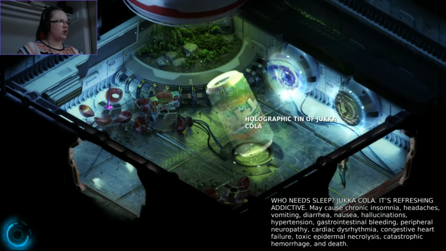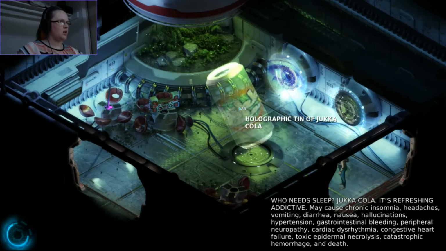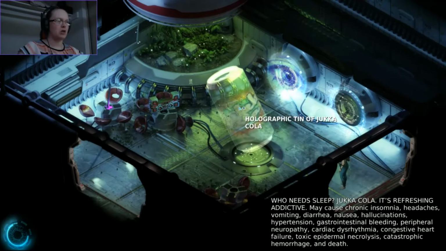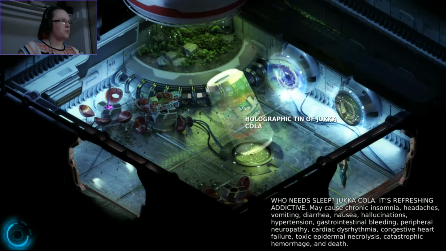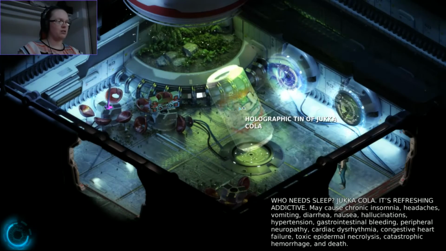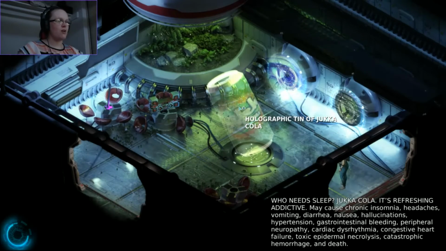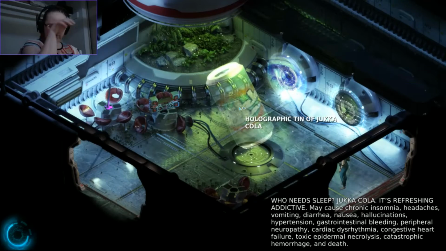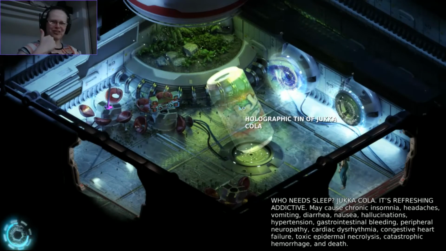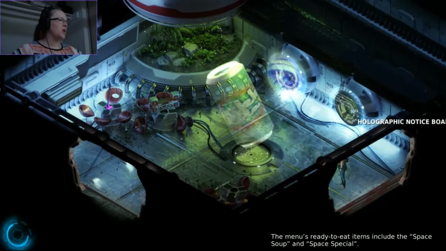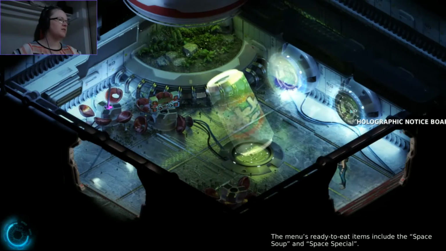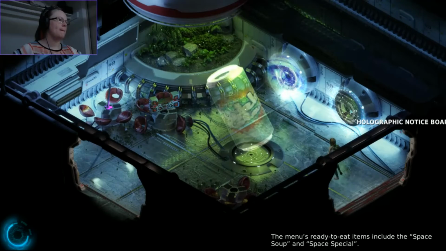May cause chronic insomnia, headaches, vomiting, diarrhea, nausea, hallucinations, hypertension, gastrointestinal bleeding, peripheral neuropathy, cardiac dysrhythmia, congestive heart failure, toxic epidermal necrosis, catastrophic hemorrhaging, and death. I want some! The menu's ready-to-eat items include space soup and space special.